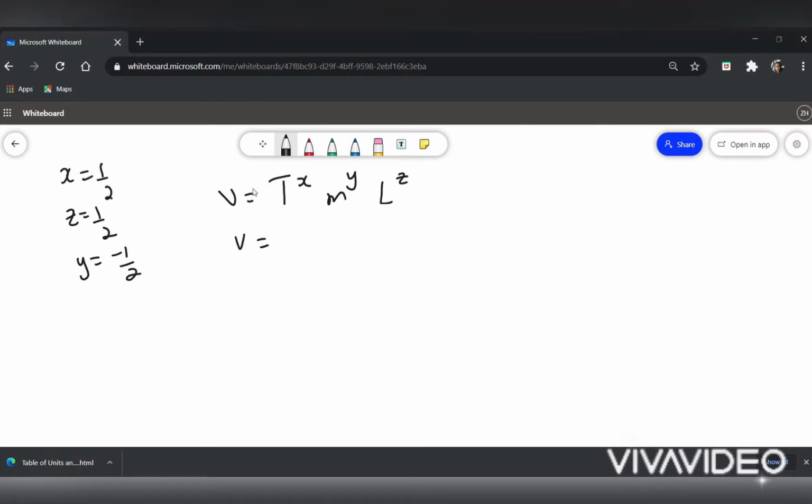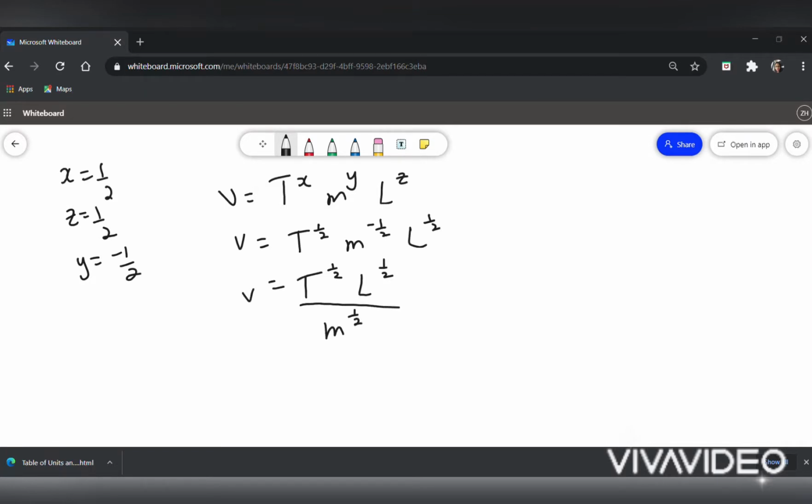So v therefore is equal to t to the power of a half, m to the power of minus a half, and L to the power of a half. Oh, come on, that doesn't look too nice. Let's simplify. This negative power could now become a denominator. So what we will get, t to the power of a half by L to the power of a half, I'm leaving the powers as they are so you can see them, but m to the positive power of a half.